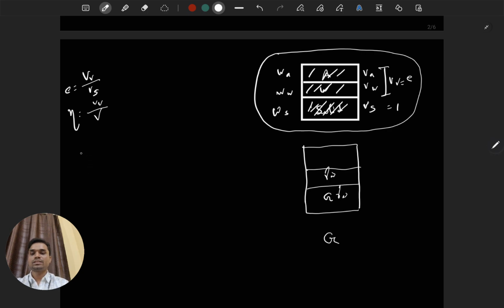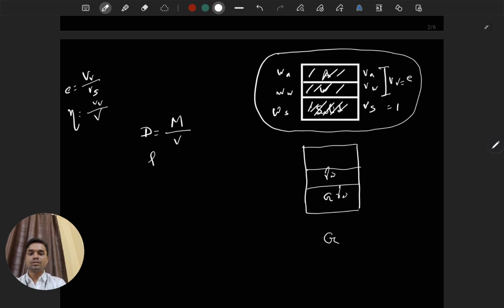Bulk density: we know density is equal to mass by volume. So bulk density is mass of solid plus mass of water divided by total volume. The total volume, with void e and solid 1, is 1 plus e.